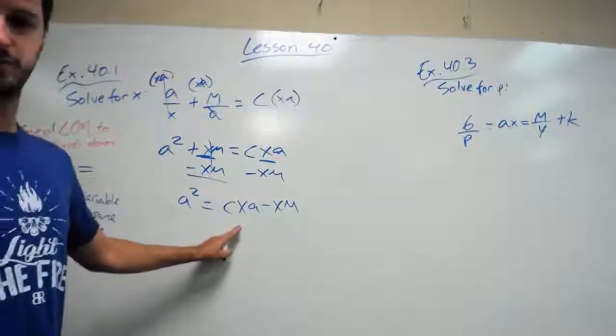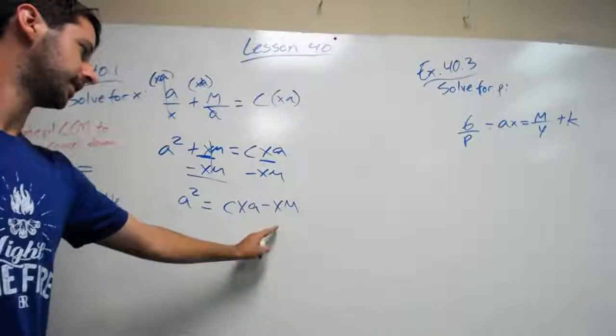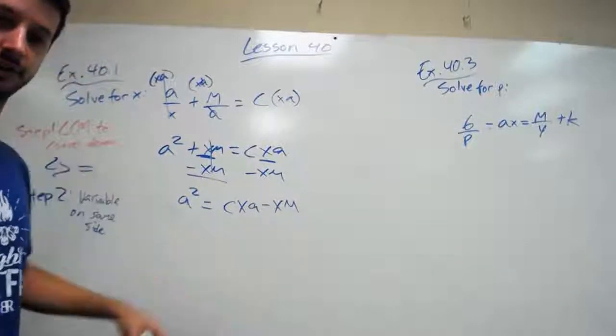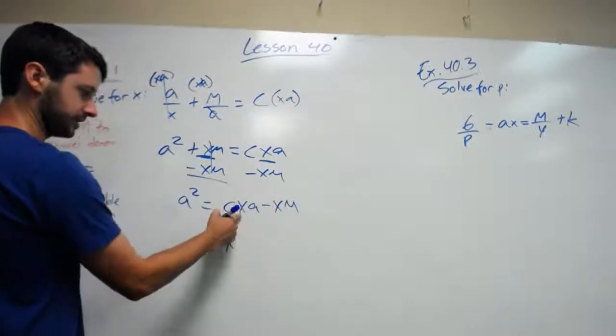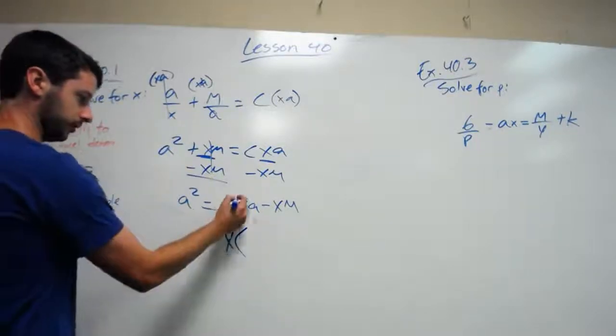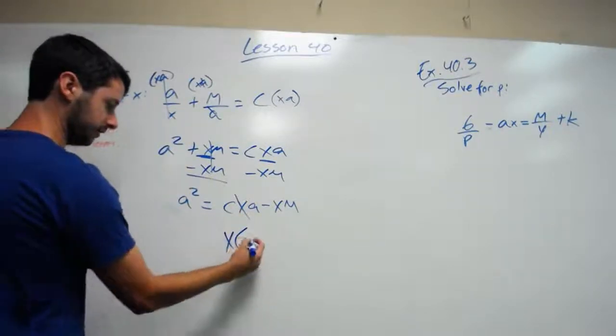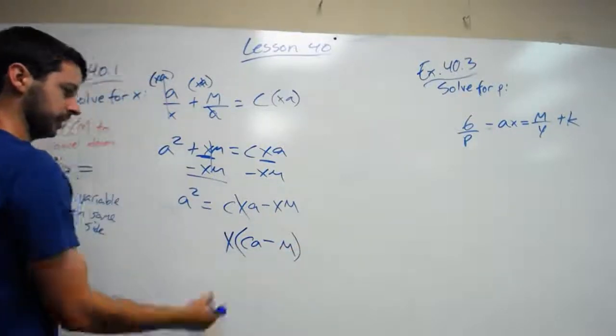Now, you may be wondering why we did this. Well, we got all the x's on one side because now we can factor. We can factor out the x, so we took the x out of both of these, and let's see what we are left with in parentheses. Well, we'd be left with ca minus n.